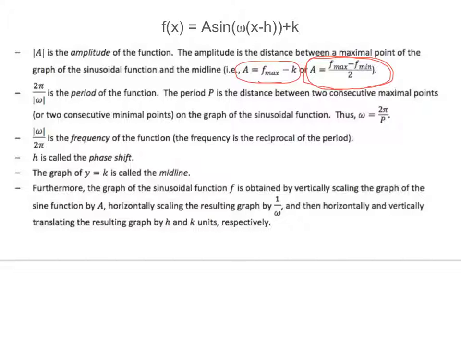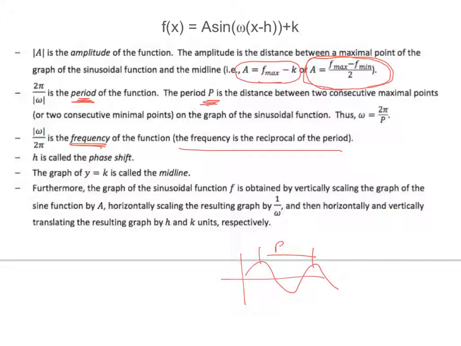Either one works. 2 pi over omega is the period of the function. The period, capital P, is the distance between two consecutive maximal points. Right there is the period. Omega over 2 pi is the frequency of the function. The frequency is the reciprocal of the period.